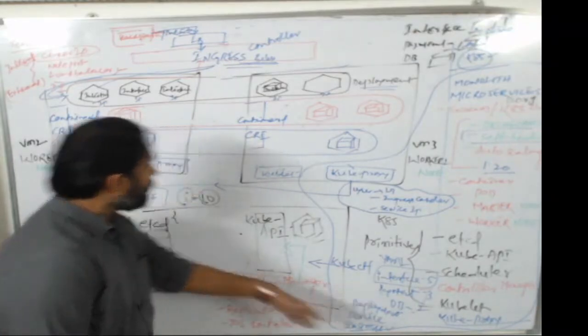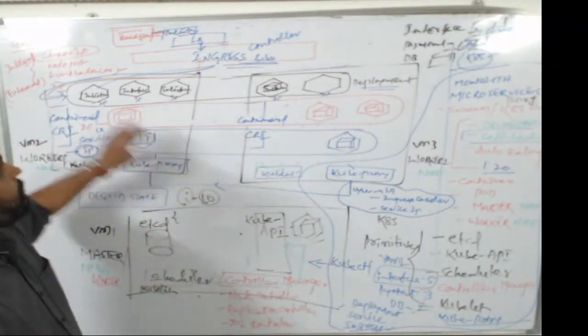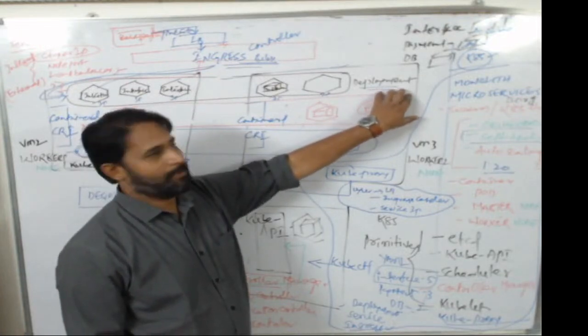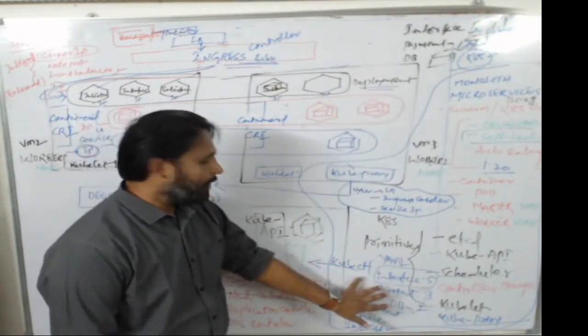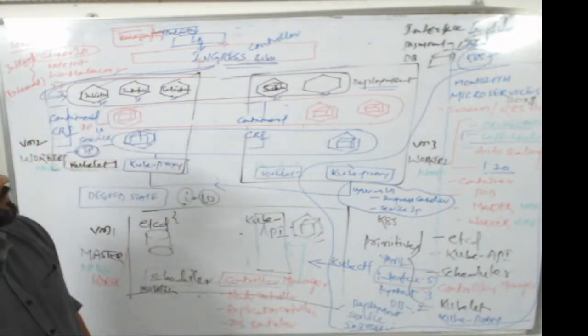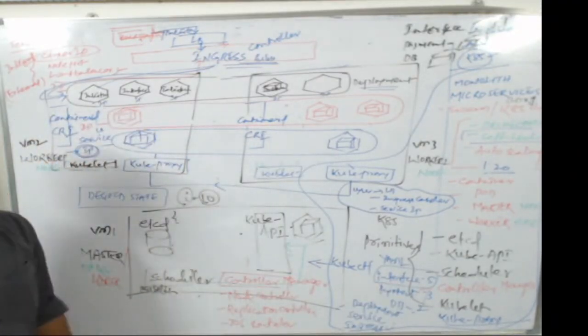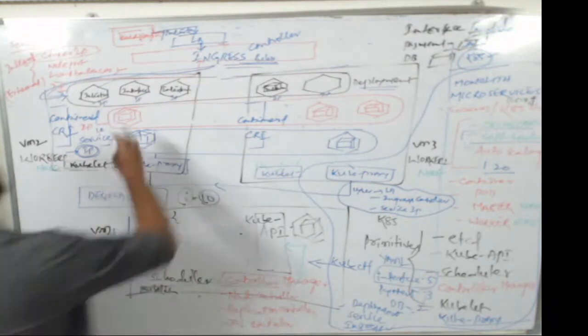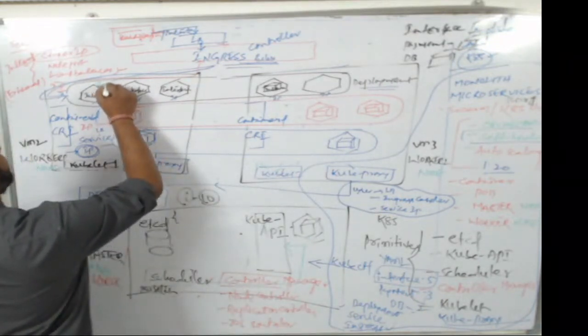Now, if you want to deploy a group of pods, it is called a deployment. Alright? And you do the deployment using kubectl. Each one of the pods inside a deployment is called a replica. So this is a replica.